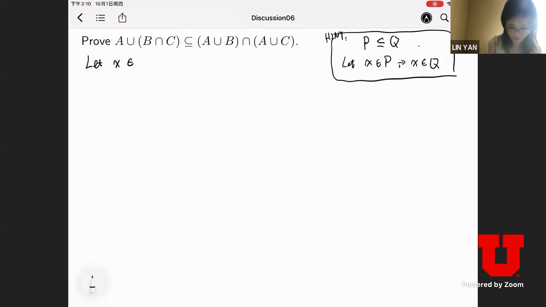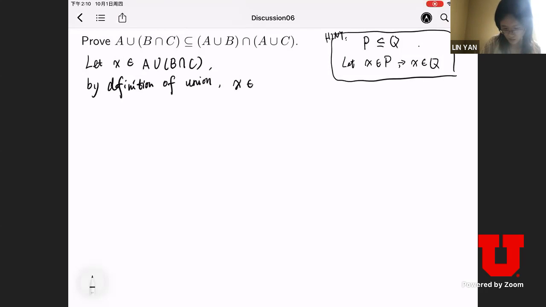So X is an element of A union the intersection of B and C. By the definition of union, X is an element of A, or X is an element of the intersection of B and C. We get this conclusion from the definition of union.